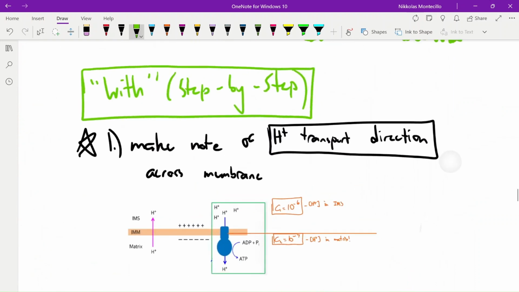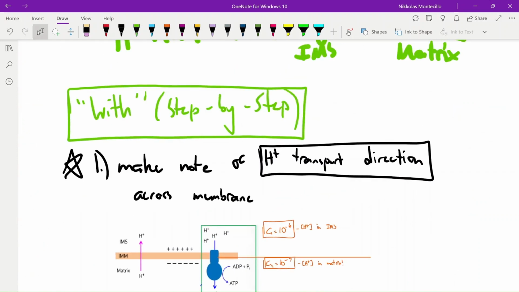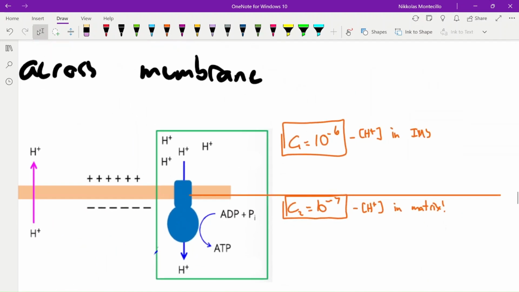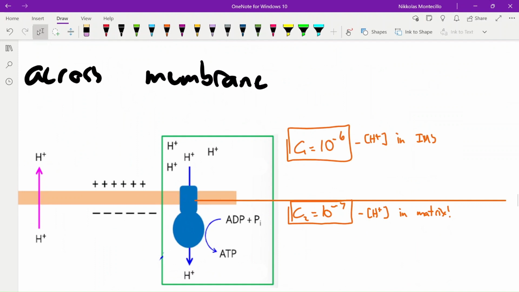We need to make note of the transport direction across the membrane. We see here that the concentration of hydrogen protons in the IMS is greater than in the matrix. So in this case, C1 is greater than C2.